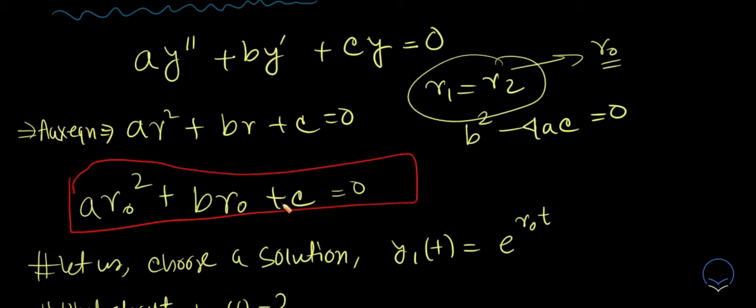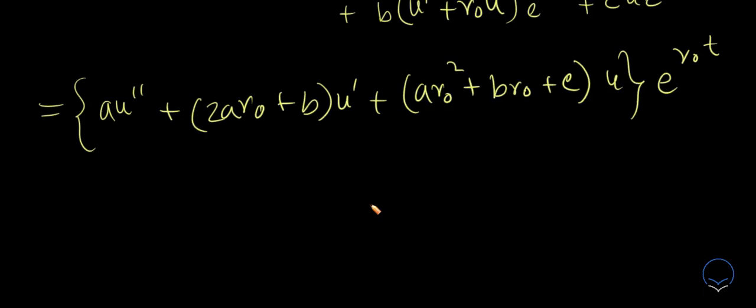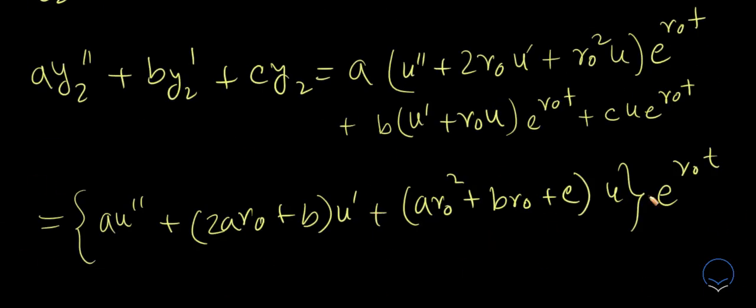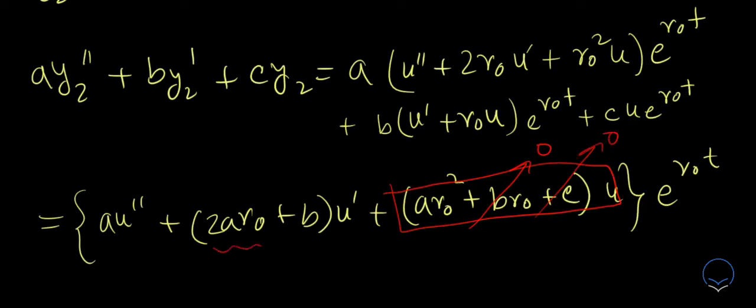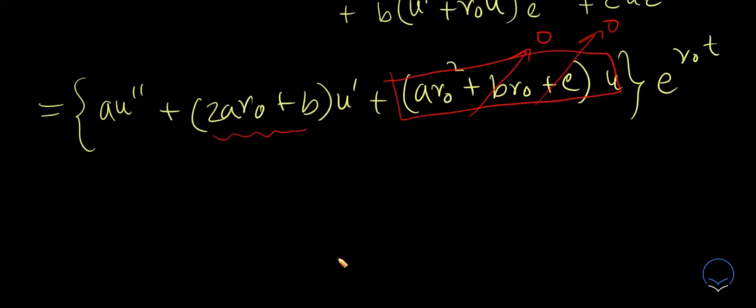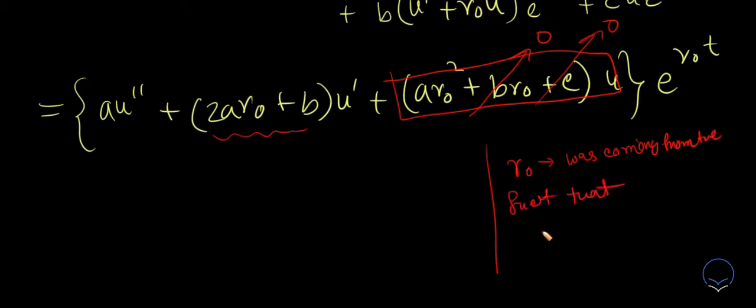this auxiliary equation. If you use this auxiliary equation over here, in this huge expression, you can see that this guy is actually 0, and because of that this whole term over here goes to 0. So this is 0, right? What about this term? If you recall, this r0 was coming from the fact that b squared minus 4ac equals 0, right?